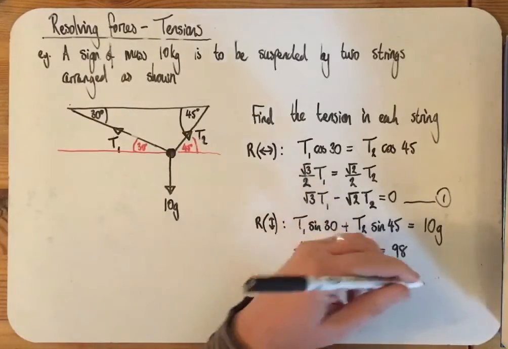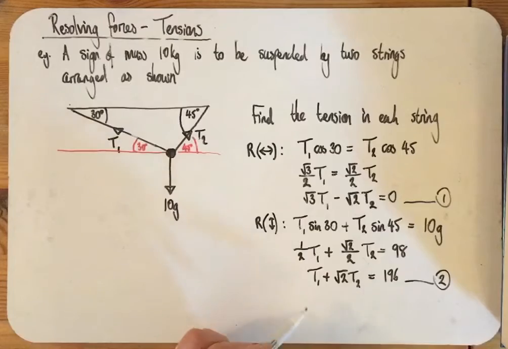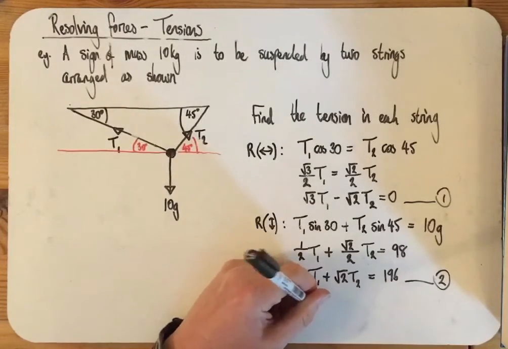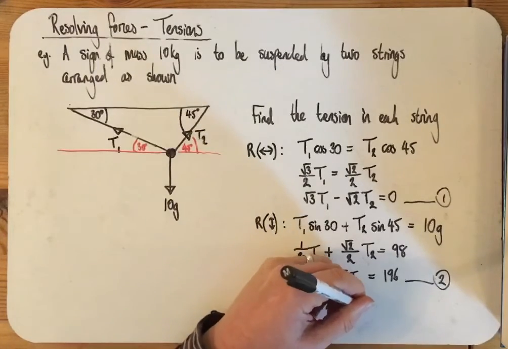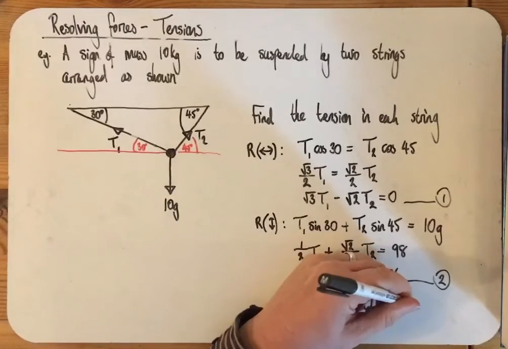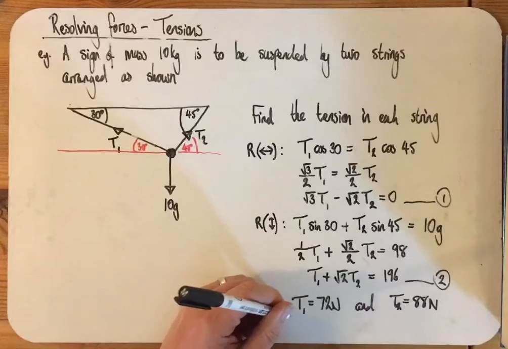Times 3 by 2. And then into your calculator, two simultaneous equations, and T1 is equal to 72 newtons, and T2 is equal to 88 newtons.